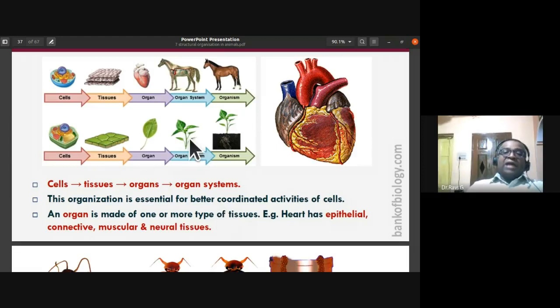An organ is made up of one or more types of tissue. For example, the heart has epithelial tissue, connective tissue, muscular tissue, and neural tissue. It is not just one type of tissue. The muscular tissue is in the nature of cardiac cells. They have blood vessels like the arteries and the aorta, and the superior and inferior vena cava connecting them, so you have the connective tissues there.